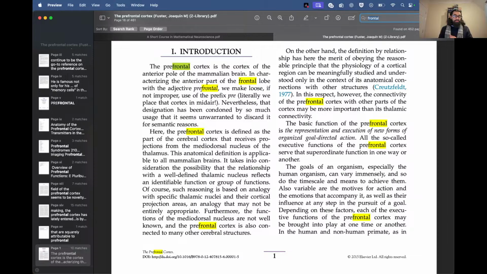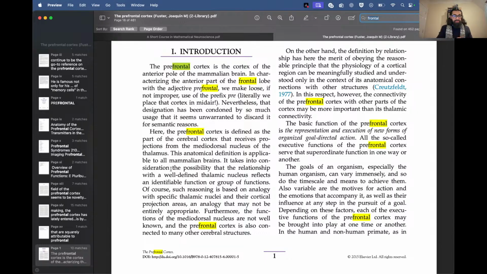Here, the prefrontal cortex is defined as a part of the cerebral cortex that receives projections from the medial dorsal nucleus of the thalamus. So you have the thalamus, which is just above the hypothalamus, right in between, towards the bottom, a nucleus through which projections come in.